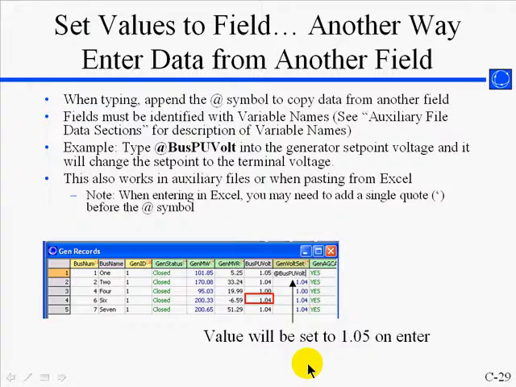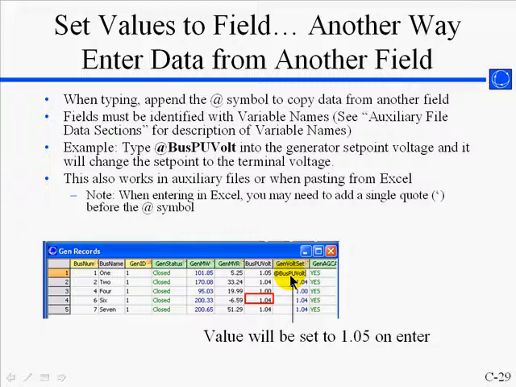There's also another way to set the values of one field to be equal to the values that are in another field. In addition to using the set menu, you can also go into a particular field and just type in the @ symbol and then the variable name. This actually has to be the variable name, not the common heading. And we'll talk a little bit more about that in a minute.